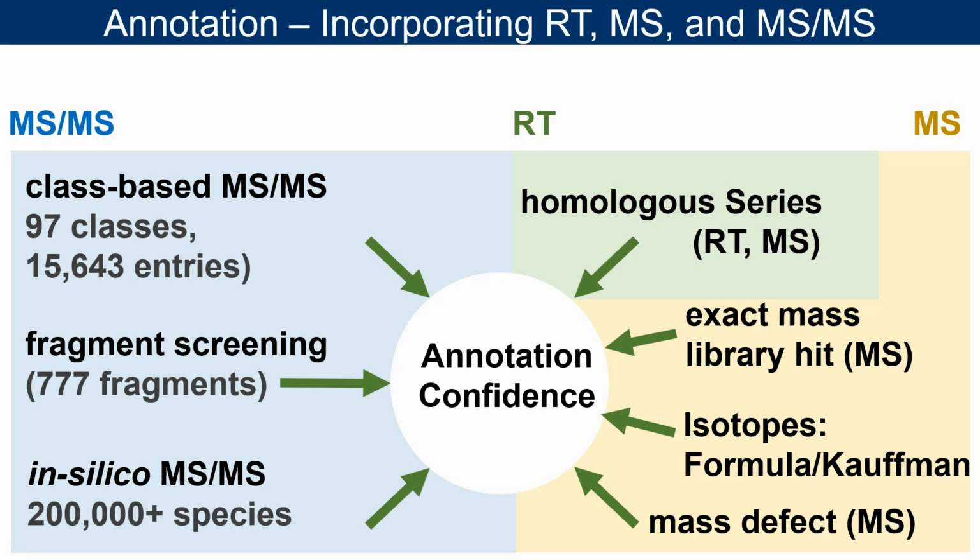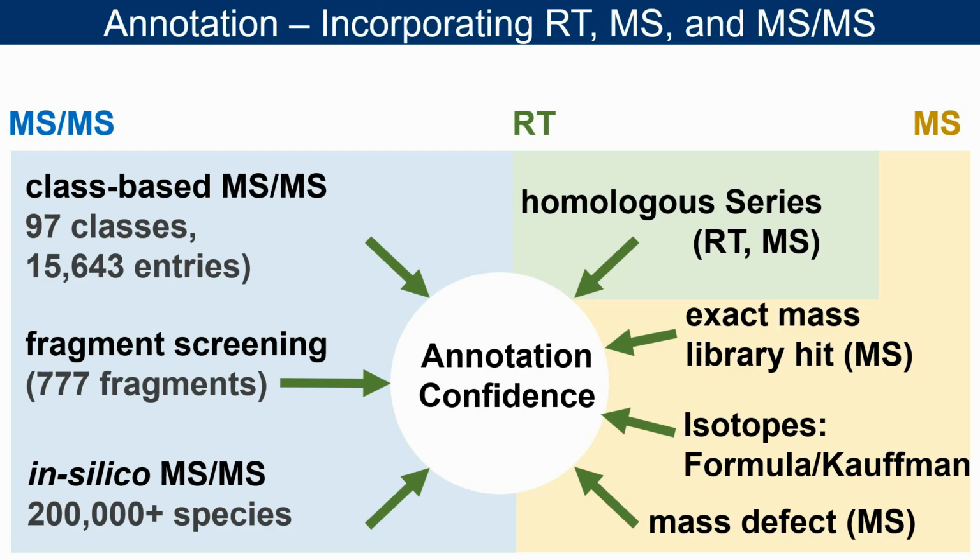We can do fragment screening. That's just looking for a fragment and seeing if it occurs in any of our molecules. If that fragment occurs, it's likely to be a PFAS, and probably a PFAS with a certain substructure. If it's C2F5 minus, it probably has a carbon-fluorine chain. If it is SF5 minus, it probably has a pentafluorosulfide. If it has SO2F minus, it probably has a sulfonic acid.